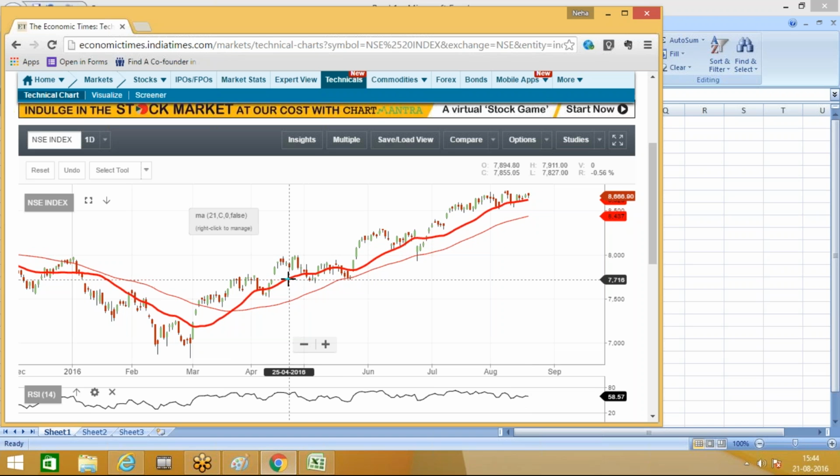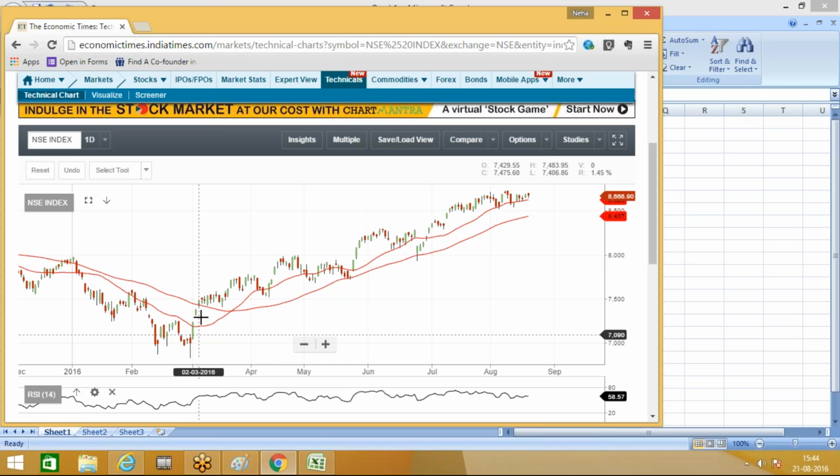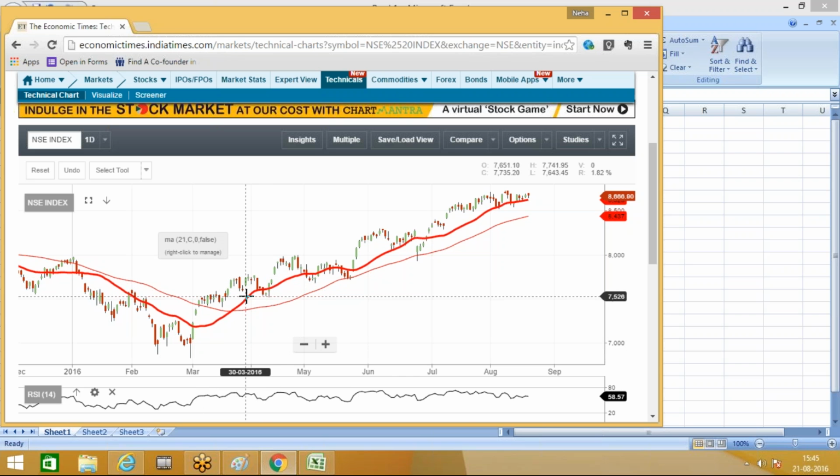And if you just follow this line here, it was taking a resistance here and then it retraced to approximately this level. So you'll find that it was approximately 7720 to 7710. So what we can clearly see is the retracement level was following the Fibonacci ratios. Similarly, if you look at this and assume this to be the level of resistance, and the market came down here, if you do a similar calculation, you will find that this gap is defined by the Fibonacci ratio only.